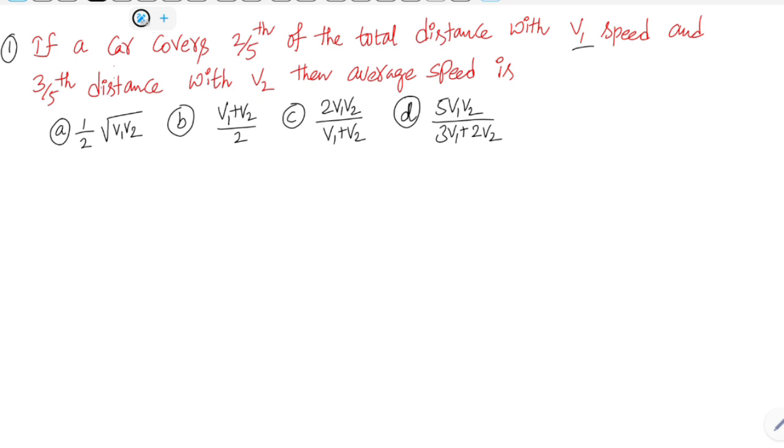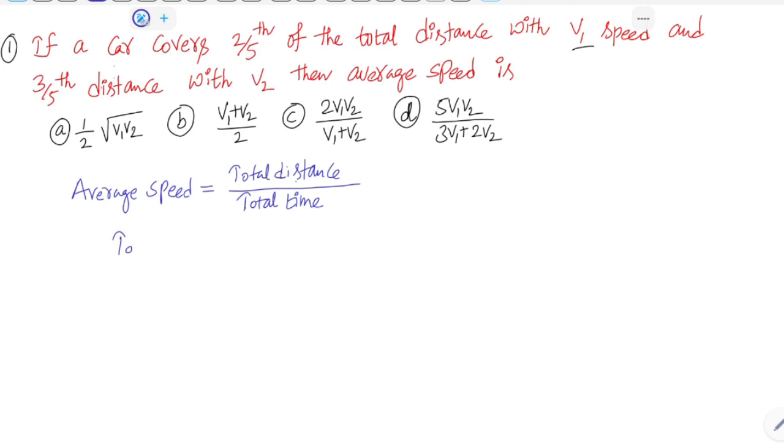So let me write that average speed is equal to total distance by total time. Now, first of all, the car covers 2/5 of the total distance with one speed and 3/5 of the total distance with another speed.